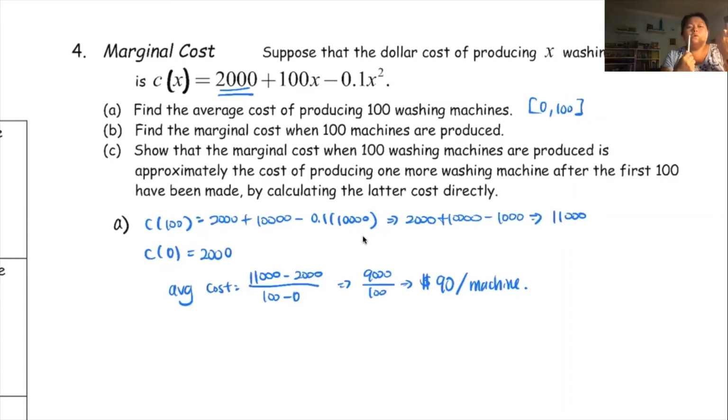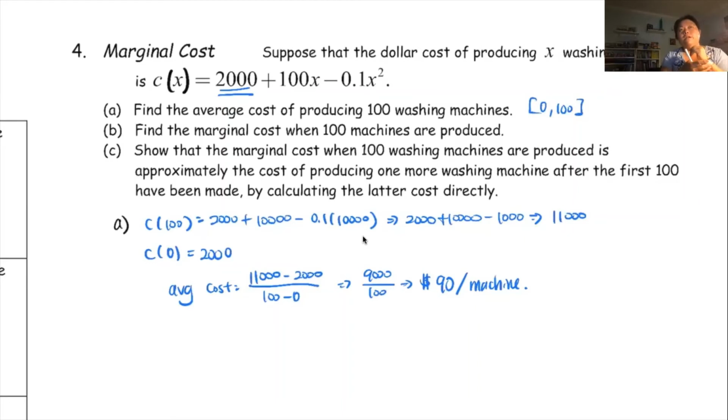Okay. So find the marginal cost when 100 machines are produced. I had to look this up. Marginal cost is the change in total cost when the quantity produced changes by 1 unit. If we translate that into calculus, it's the derivative. It's how fast the cost is changing when 100 machines are produced.